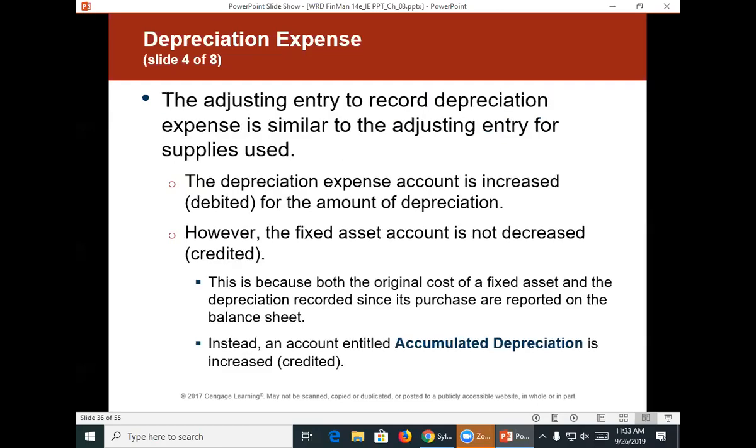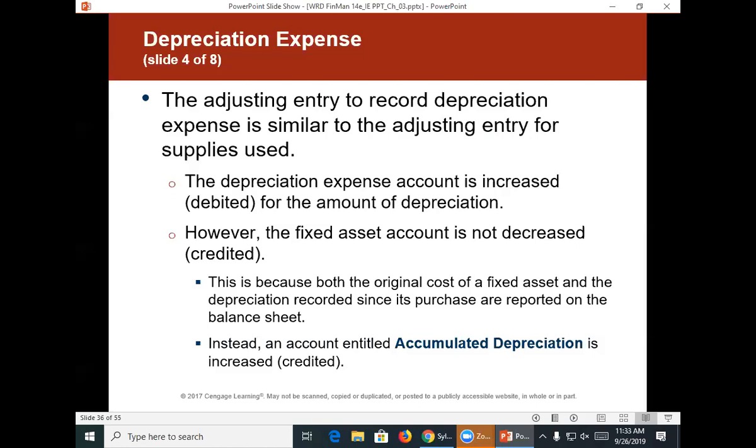Okay. So an adjusting entry for depreciation, we always debit depreciation expense. And the big kicker on depreciation is we don't credit the asset directly. Okay, say we bought equipment, that equipment's going to stay on the books at the cost we paid until we get rid of it.